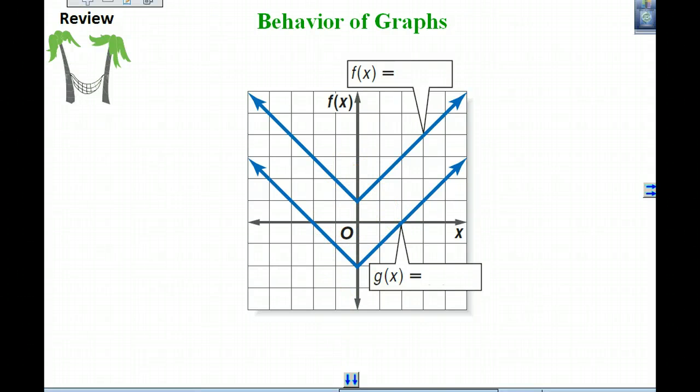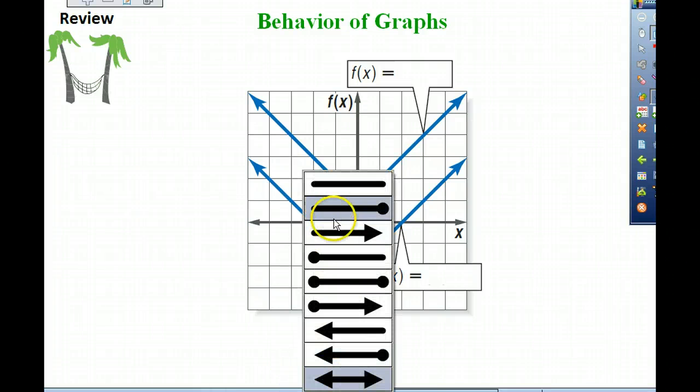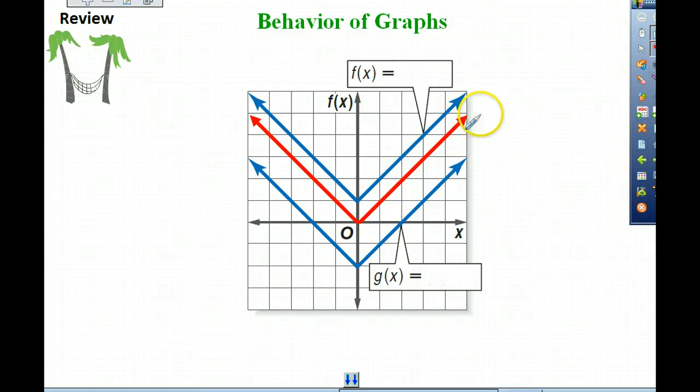Remember our parent graph, our parent graph looks like this. This is f of x equal to absolute value of x.